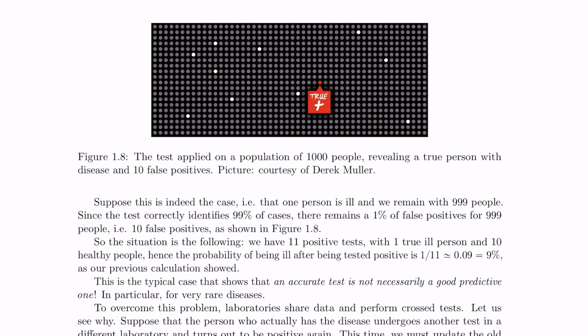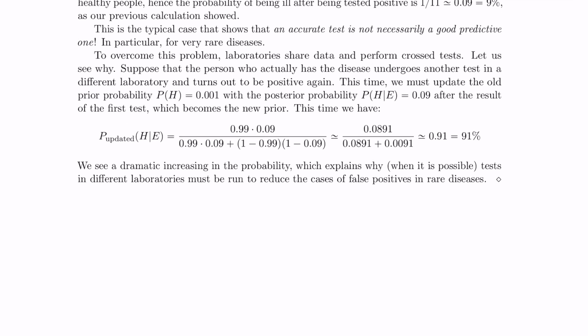In fact, suppose that the person undergoes another test in a different lab and turns out to be positive again. This time, the prior probability P of H must be updated. In fact, this time the person arrives at the second lab with the result of the first test being positive, so the prior probability must be updated to this value.